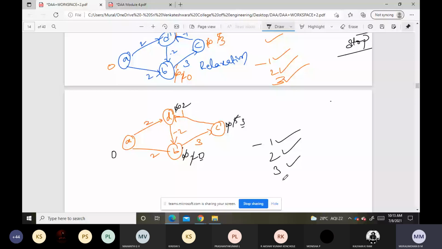For negative edge, it is working here. Similarly, here also for negative edge it is working.